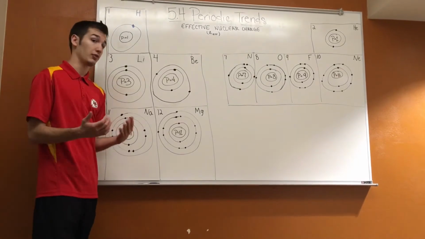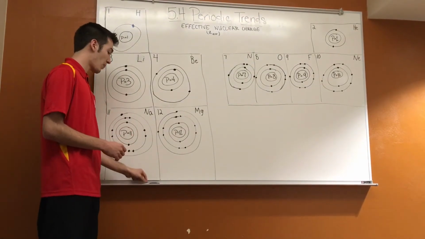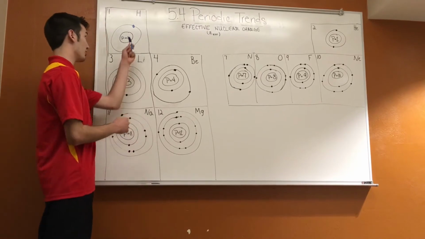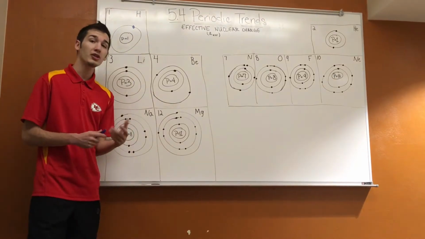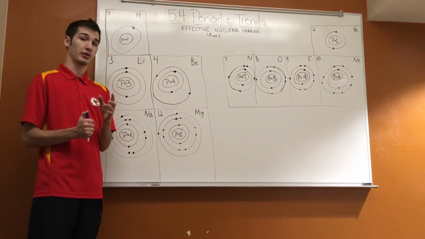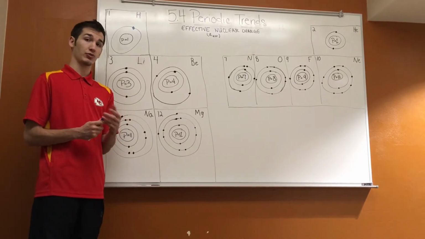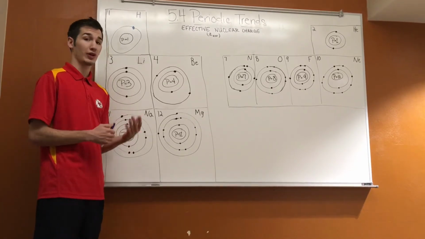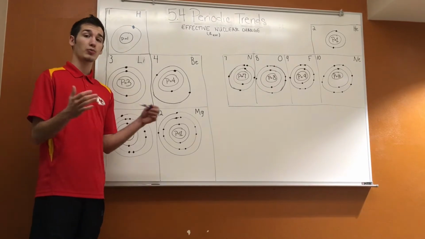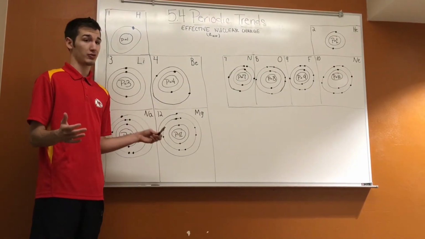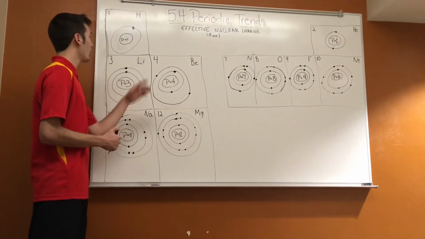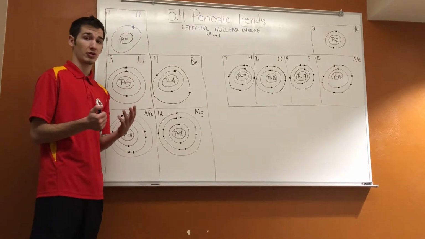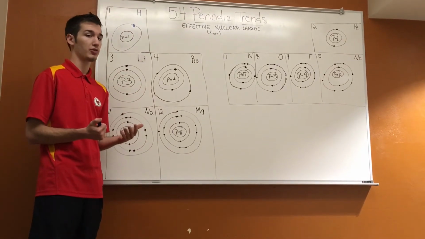And we can calculate effective nuclear charge. So let's start by looking at hydrogen. Hydrogen has one valence electron. And remember from the last objective that your valence electron is your outermost electron, on the outermost energy level. Hydrogen has one energy level, so that's of course your outermost energy level.